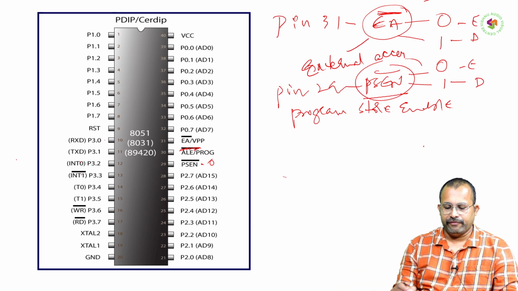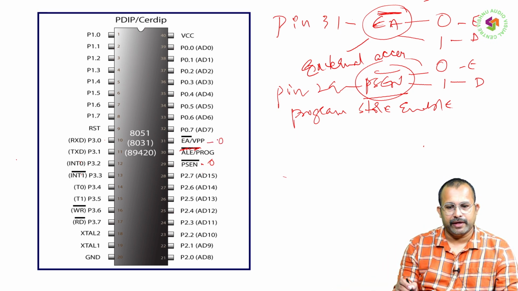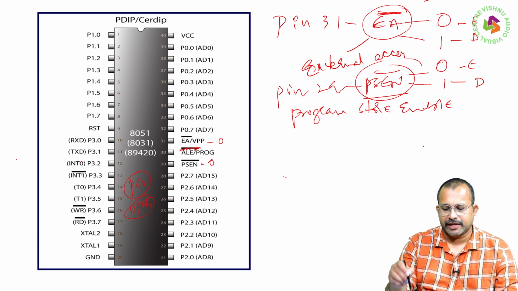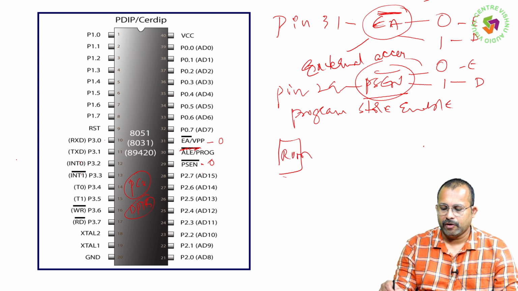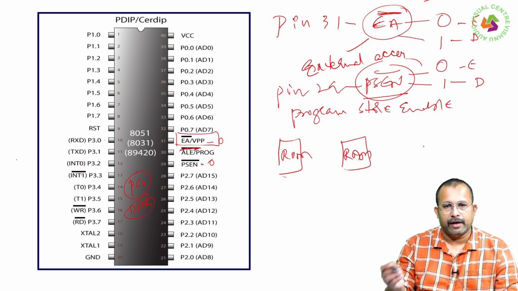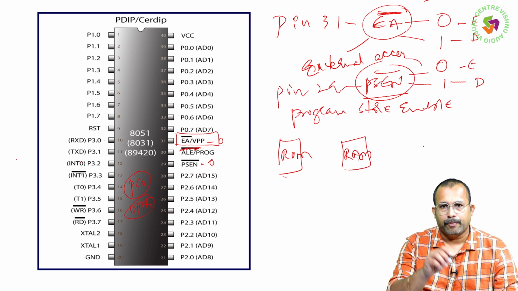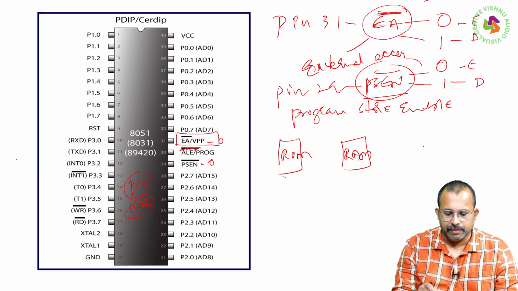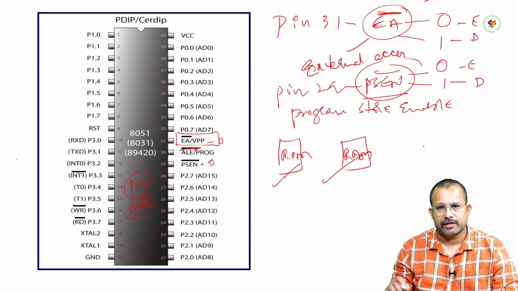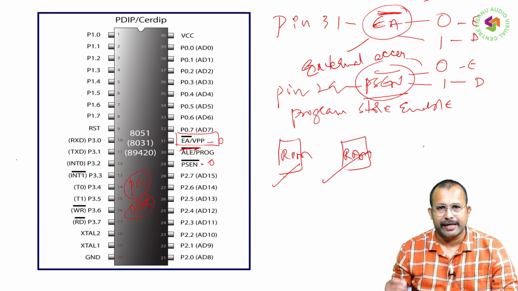External access means if this particular value is 0, the program counter or the data pointer is fetching data from the external ROM or external RAM. If EA bar is active, we can be sure that the CPU of 8051 is utilizing either this or that, that means external ROM or external RAM.